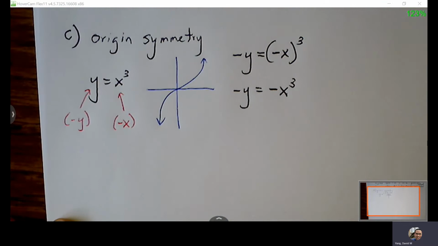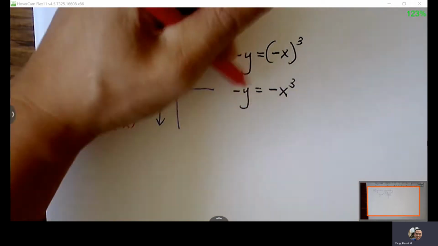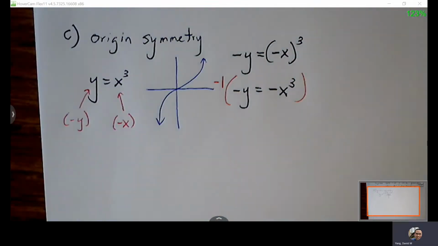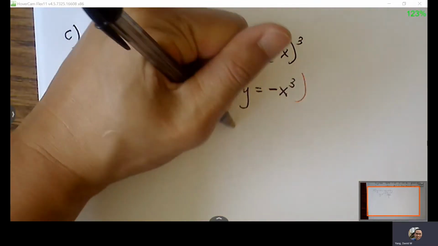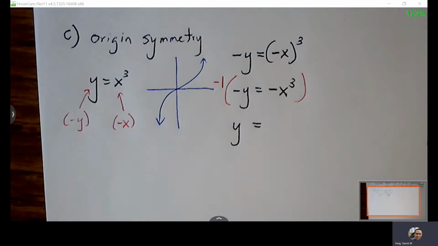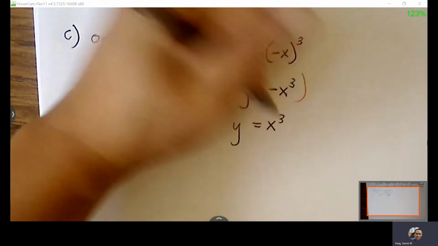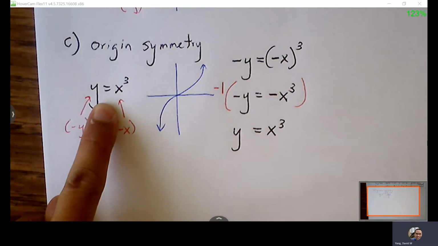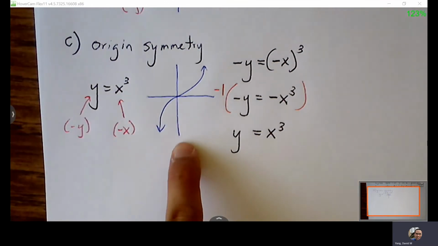Now, it's not quite the same, but what if I multiply both sides by -1, or divide both sides by -1? Let's see. -1 times -y becomes y. -1 times -x cubed becomes x cubed. So we did come back to our original starting point. It passes the test. We have origin symmetry for this graph.